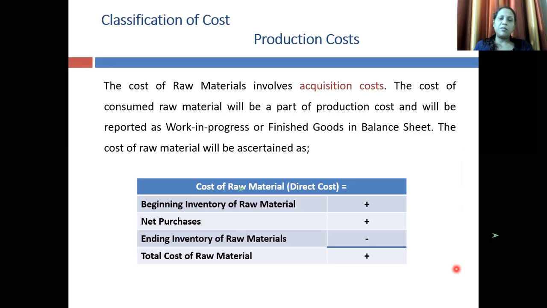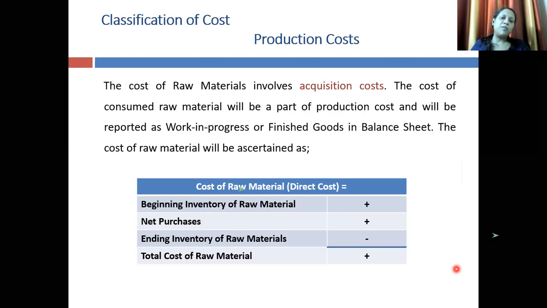Net purchases also fall under the category of cost of raw material. Then ending inventory of raw material, and then the total cost of raw material. So the beginning inventory should be added, net purchases added, and ending inventory of raw materials should be subtracted, and the total cost of raw material must be positive.